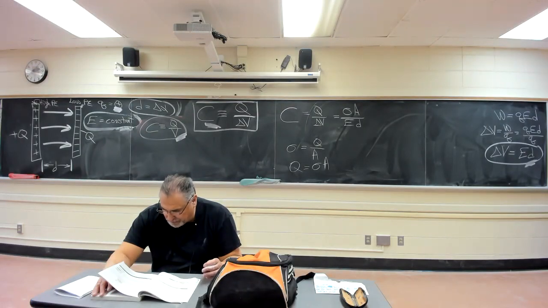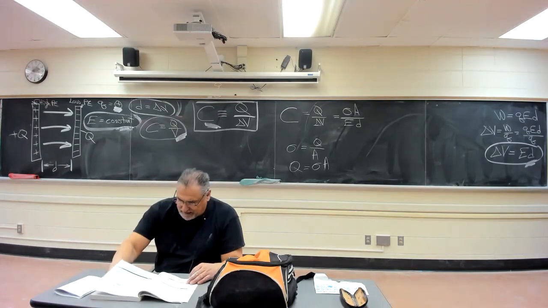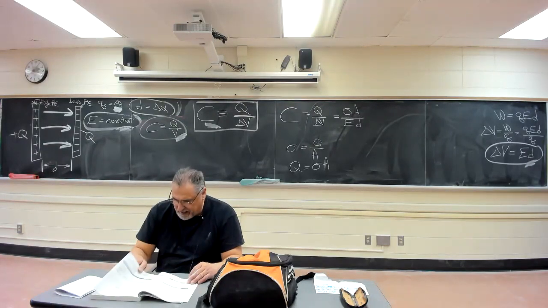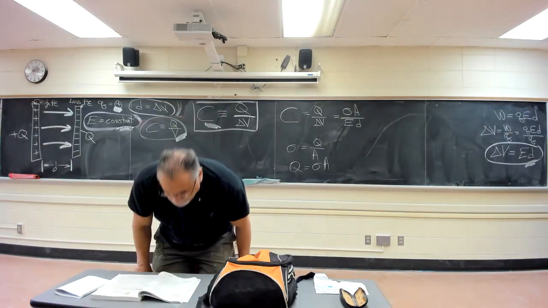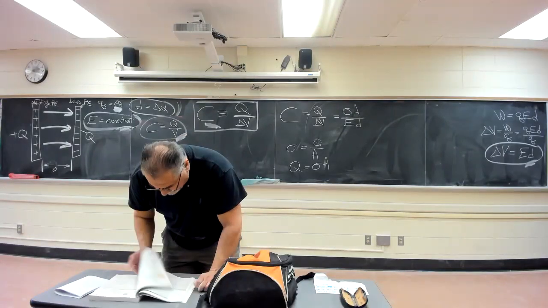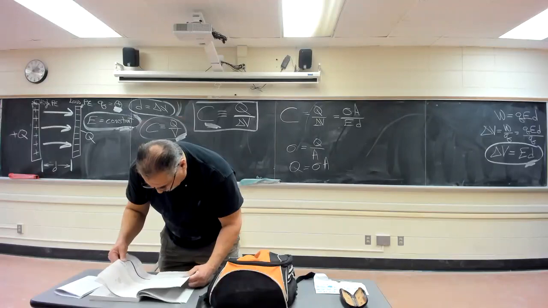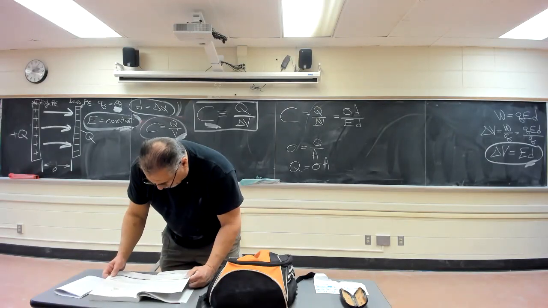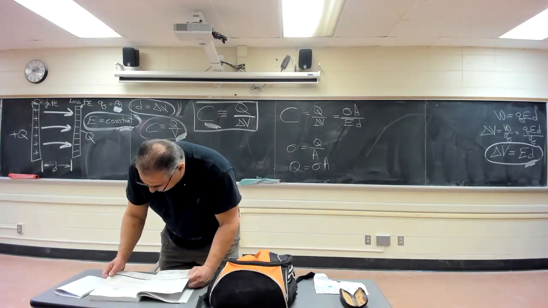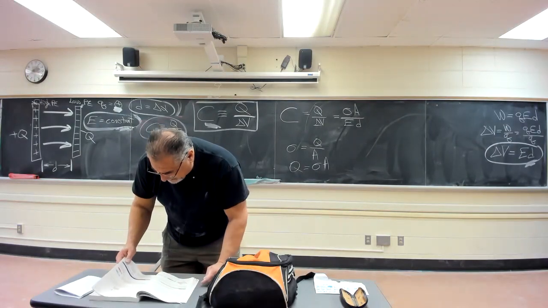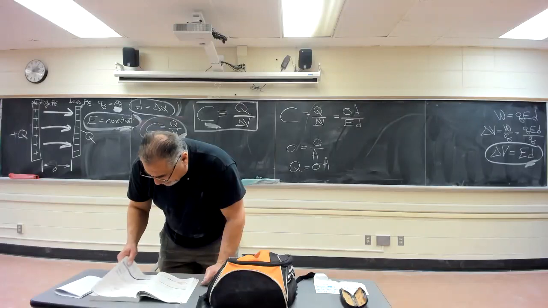The big thing is this. When we solved that example problem we had done together, and it's in the Serway book on pages 518 and 519, E is sigma over 2 epsilon naught.